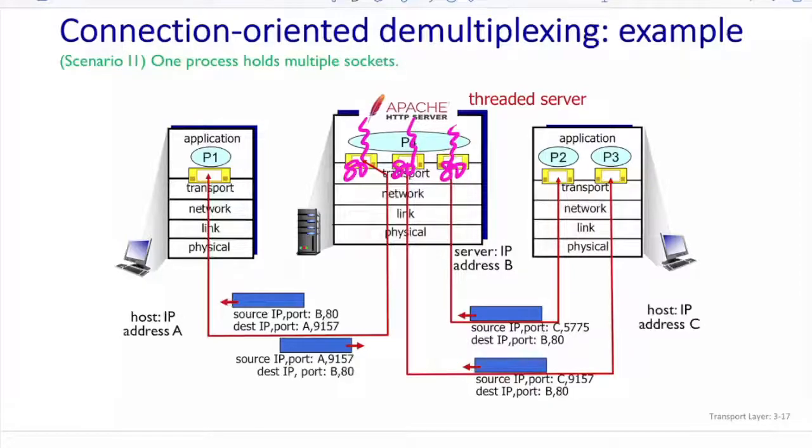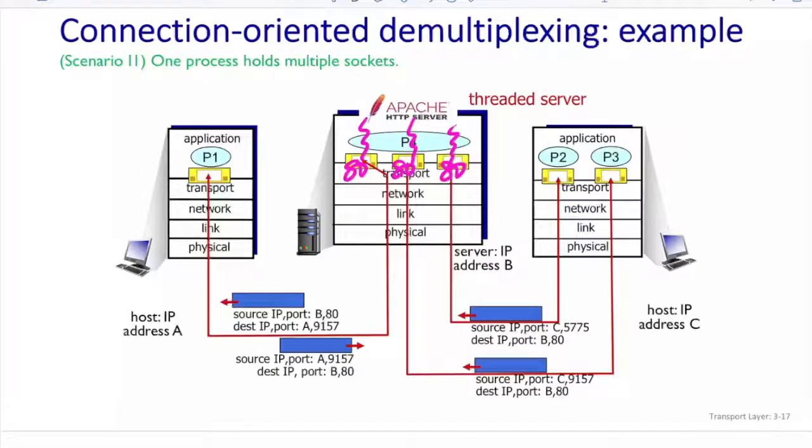Usually we don't want so many processes in our server. So basically we use a single process and a threaded server to create different threads within that one process, and use these threads to communicate with the remote processes, which is okay. After midterm, we will teach you how to write a threaded server.